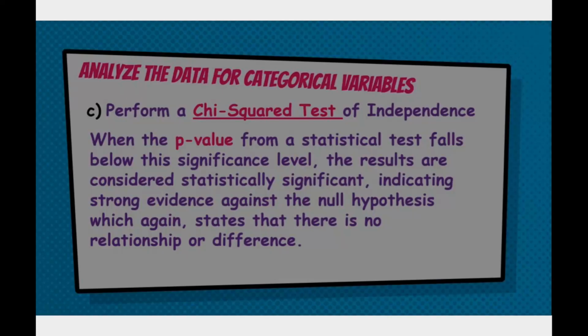When the p-value from a statistical test falls below this significance level, the results are considered statistically significant, indicating strong evidence against the null hypothesis. Remember, the null hypothesis says there is no relationship or difference.